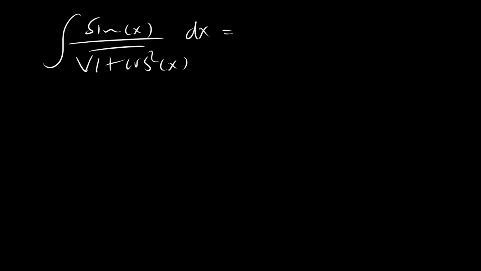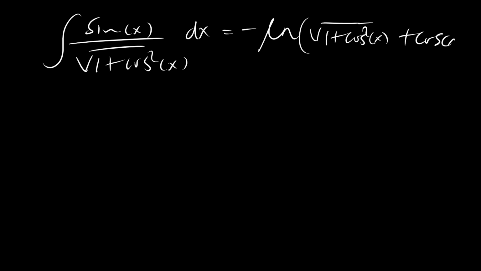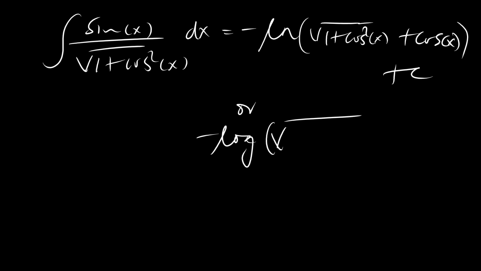So in other words, sine x over the square root of 1 plus cosine squared x is equal to negative log of the square root of 1 plus cosine squared x plus cosine of x plus c.